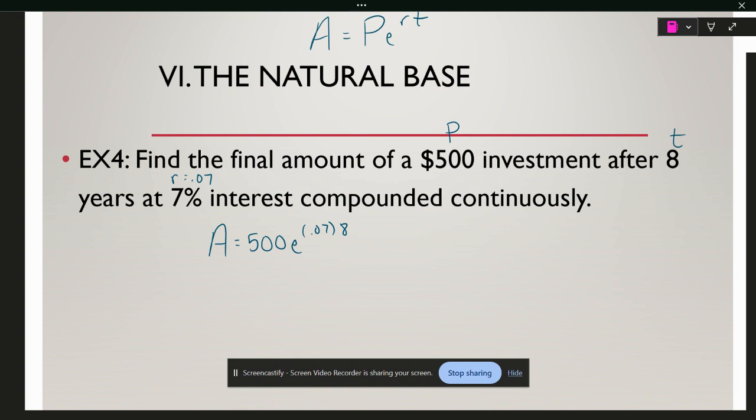If you're using one of the smaller scientific calculators, I would do second ln, so you have the e up there, and then 0.07 times 8 as your exponent, and then I would hit enter and then multiply by 500. Now, it's not going to give us a whole lot of extra money compared to what we have seen before, but it'll just be the tiniest bit more. 875.34.